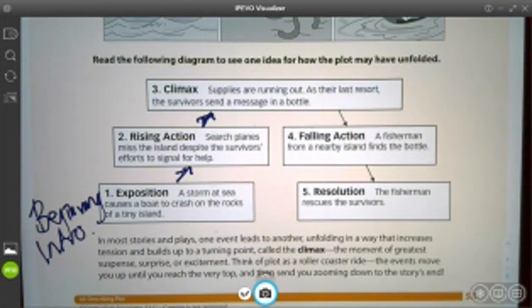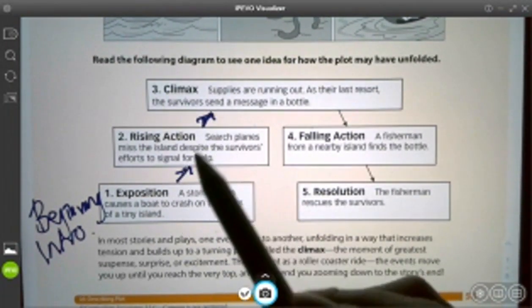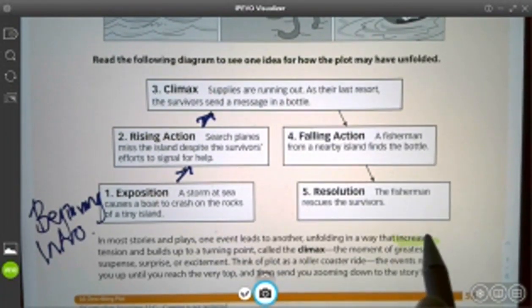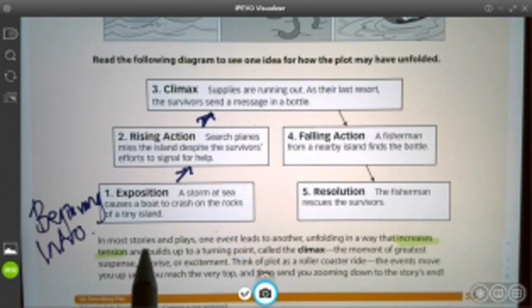In most stories and plays, one event leads to another, just like this, unfolding in a way that increases tension. Okay, that's important. And builds up to a turning point called the climax, which is the moment of greatest suspense, surprise, or excitement. Think of a plot as a roller coaster ride or mountain, like we just talked about.